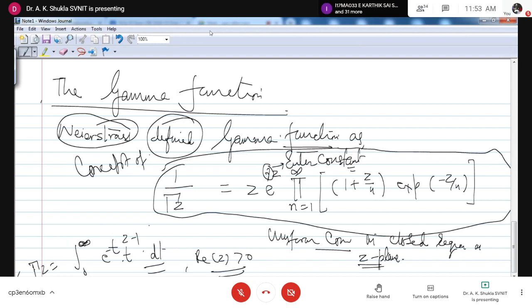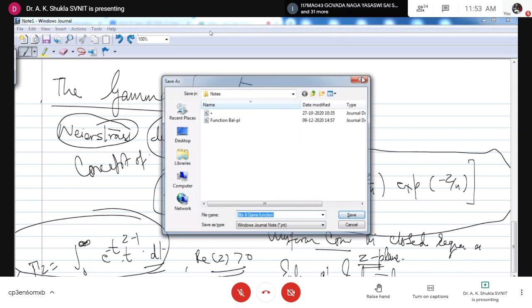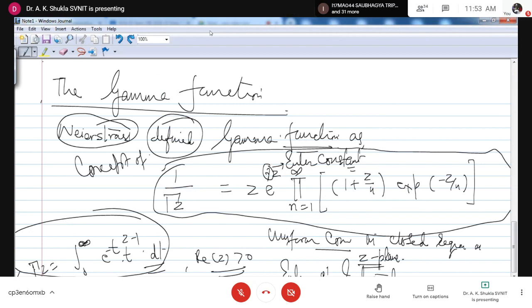And this is a well-known definition, and all of you are familiar with this. This is also known as the Euler integral of the second kind.